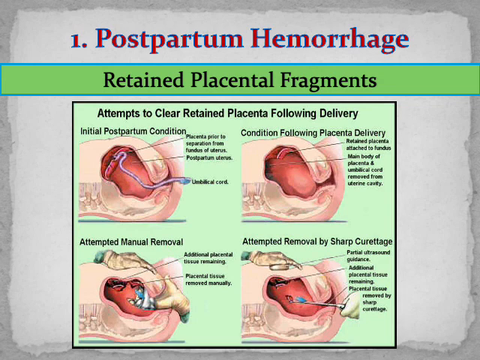Now, of course, if there is a retained placental fragment, the attempt to clear the retained placenta should be done immediately. Maaaring manual removal through bimanual exam as shown in the lower left photo.